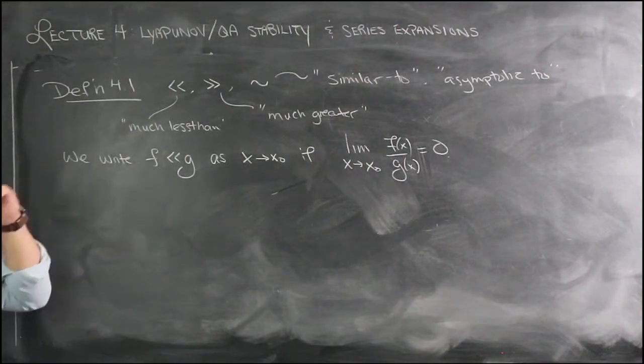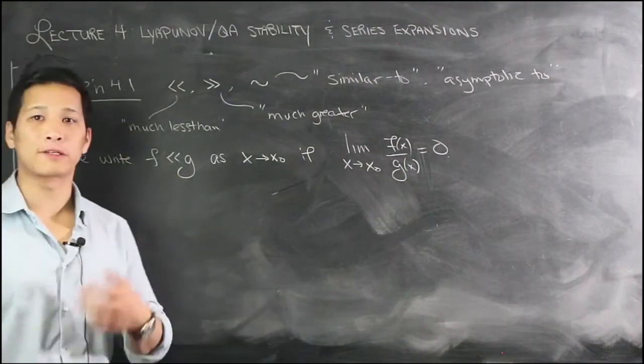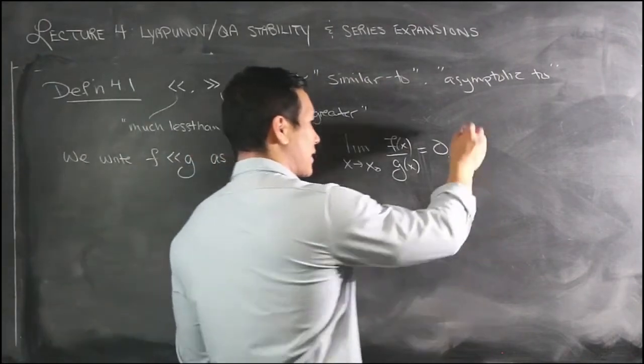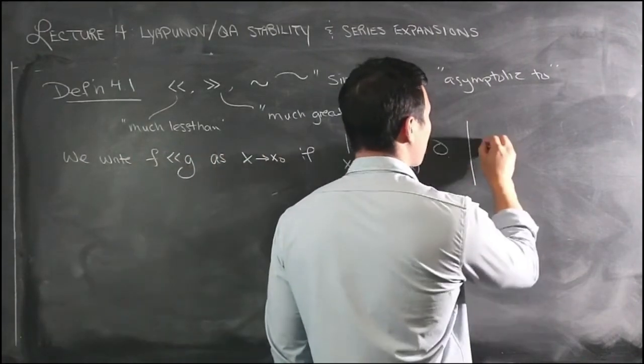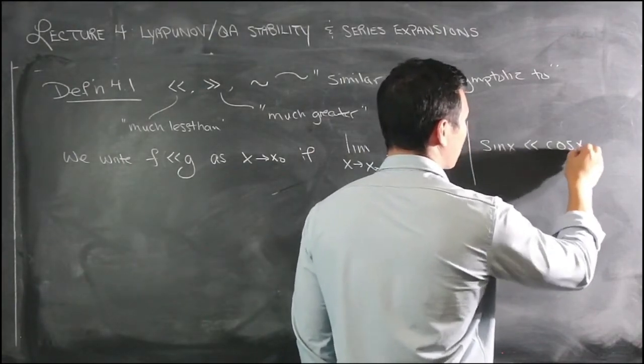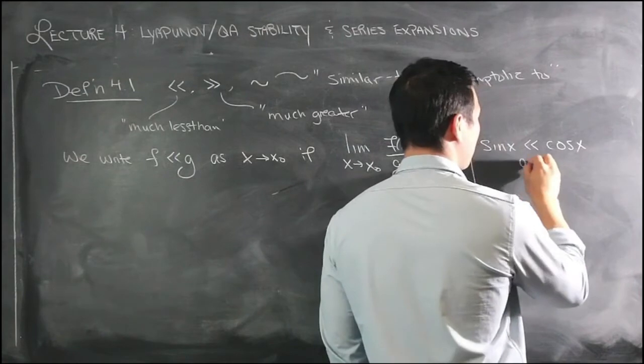Okay, that's what it means to be much less. In this case, we say that f is much less than g as x tends to x naught, right? For example, sine x is much less than cosine of x as x tends to 0.